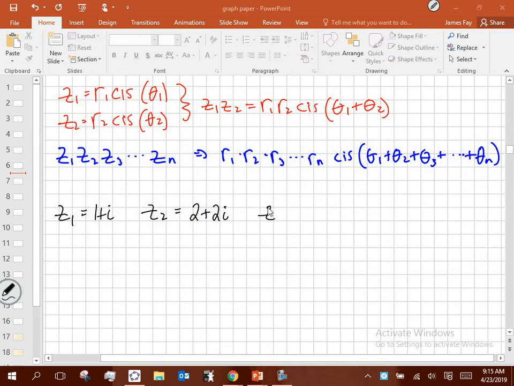And I want z3 to be negative 1 minus i. And I want to find their product, z1 z2 z3. And I first want to do this in rectangular form. Okay, so I'll have 1 plus i, 2 plus 2i, negative 1 minus i.